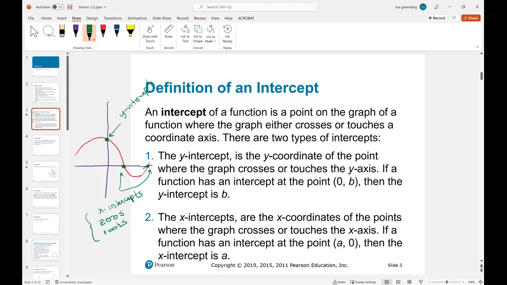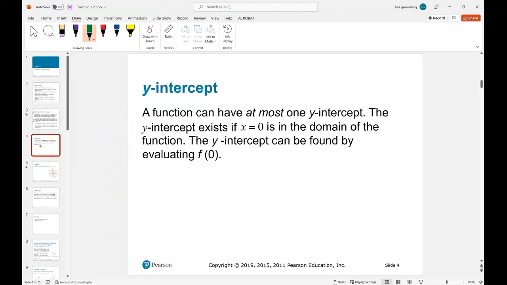The x-intercepts are the x-coordinates of the point where the graph crosses or touches the x-axis. So again, just like I drew. A function can have at most one y-intercept, which is what I just said, because if it had two, then it wouldn't pass the vertical line test. The y-intercept exists if x equals 0 is in the domain of the function.